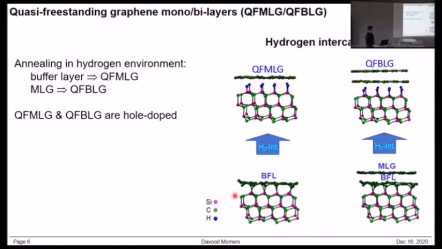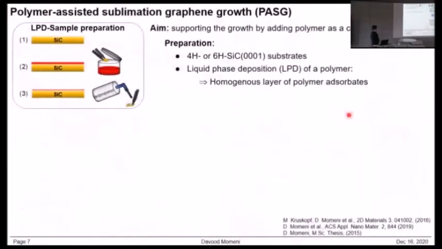It's been shown that if you anneal the buffer layer or epitaxial monolayer graphene in a hydrogen environment, for instance, you can decouple the buffer layer from the substrate. That's how you get quasi-freestanding monolayer graphene. It's the same scenario for quasi-freestanding bilayer graphene.